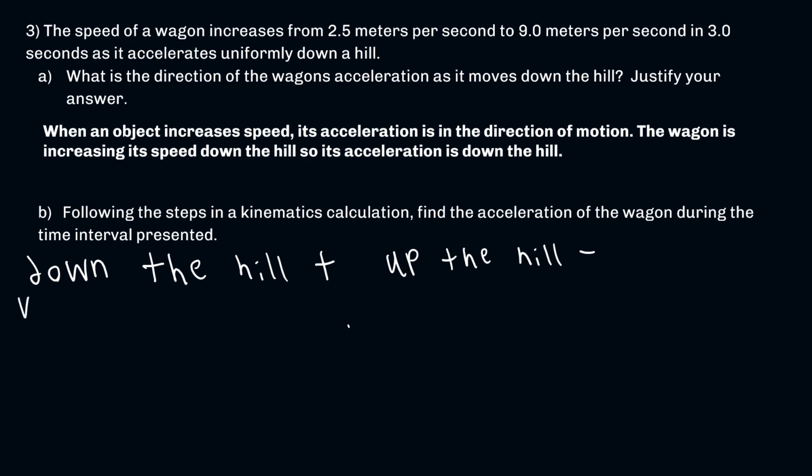I have here V naught, that is my initial velocity. Vf is my final velocity. My displacement is going to be the change in x. My acceleration is what I am looking for, and t is the time interval for the motion to happen. V naught is the same thing as Vi for my Regents students. It says that the speed of my wagon increases from 2.5 meters per second, that's my initial velocity.